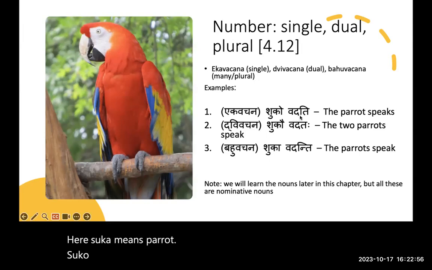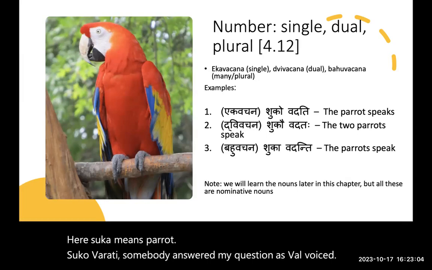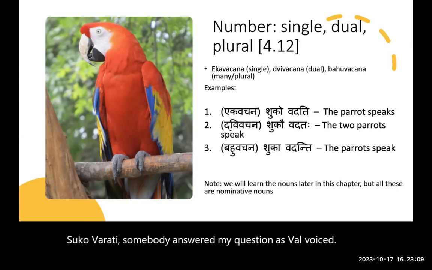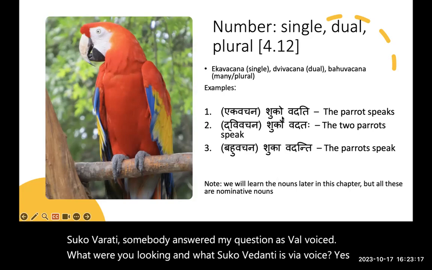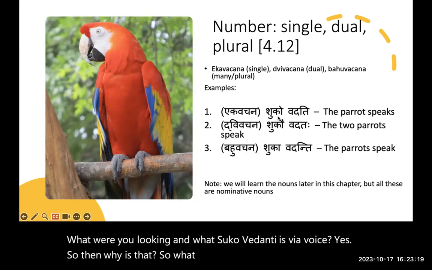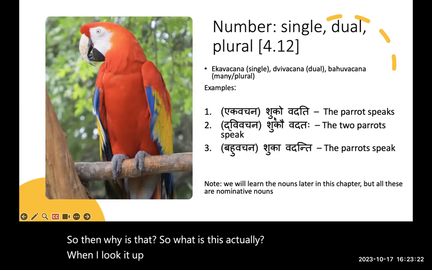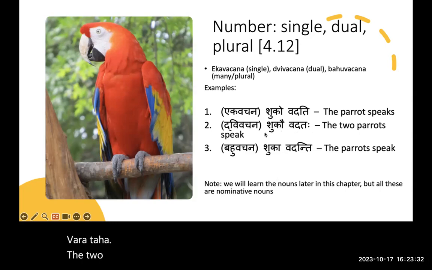Here, shuka means parrot. Shuko vadati. Somebody answer my question. Is va voiced? Yes. So then why is that? So what is this actually? Would I look it up as shuko in the dictionary? Shukaha. Excellent. Vadataha, the two parrots.